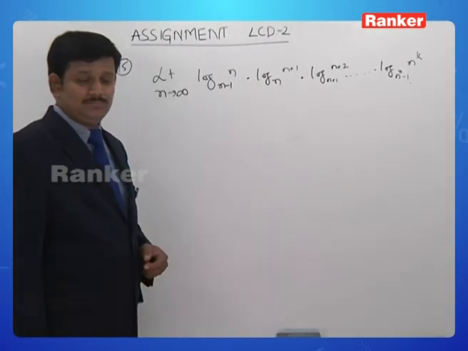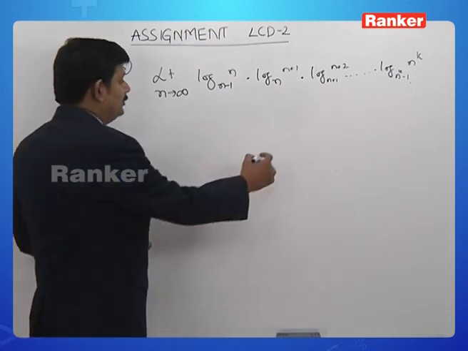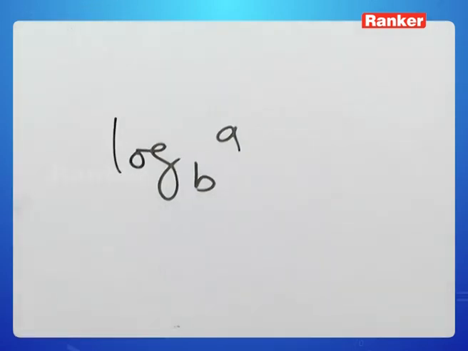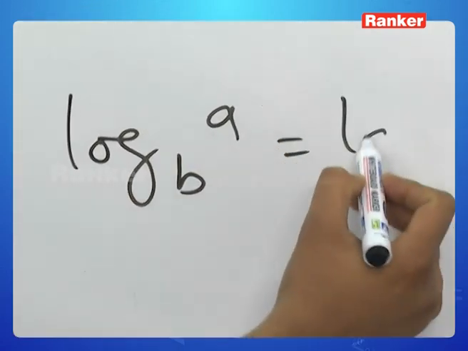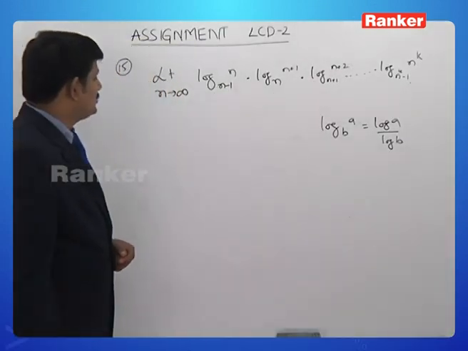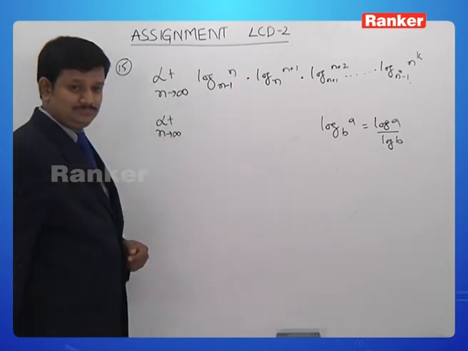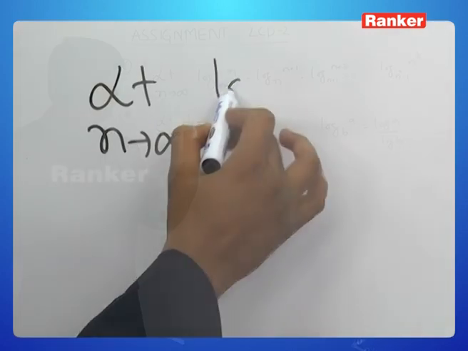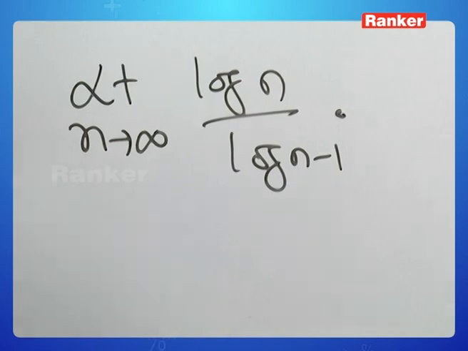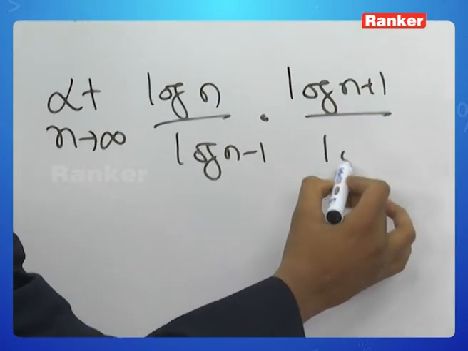Now we know log a to the base b is log a by log b. This question is based on this simple property of logarithms. So this limit can now be written as the limit as n tends to infinity of log n divided by log n minus 1, into log n plus 1 divided by log n.